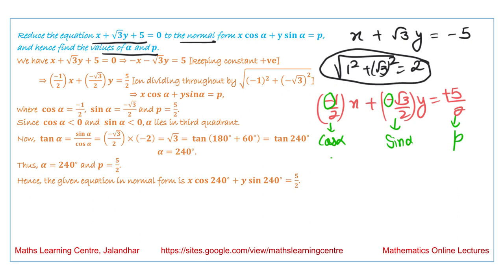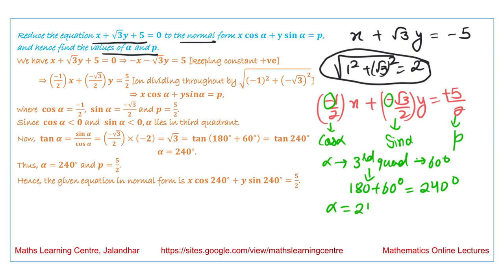It means that the value of alpha again lies in the third quadrant, and this angle corresponds to the angle 60 degree. So in the third quadrant we are saying it is 180 plus 60 degree, that is equal to 240 degrees. So what we obtain from this is that the value of alpha we have is 240 degree. The value of p we have is equal to 5 by 2.